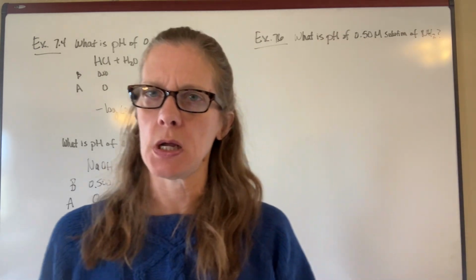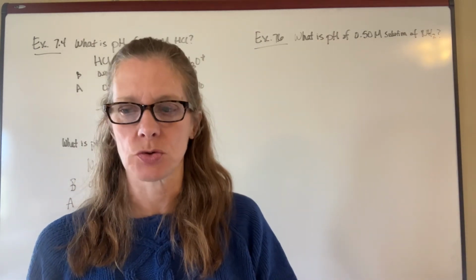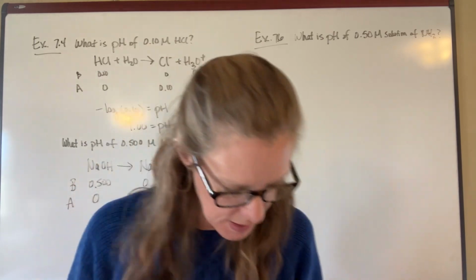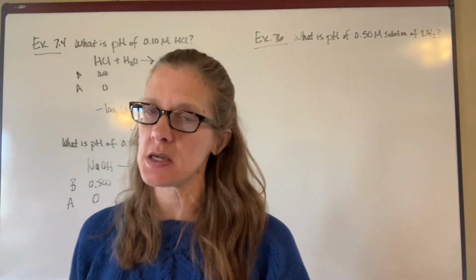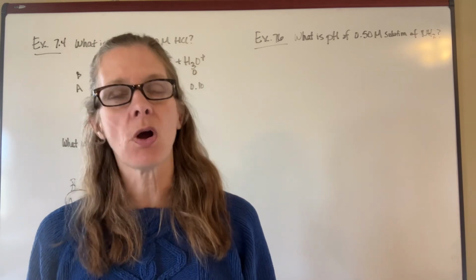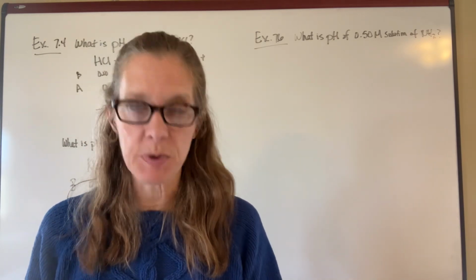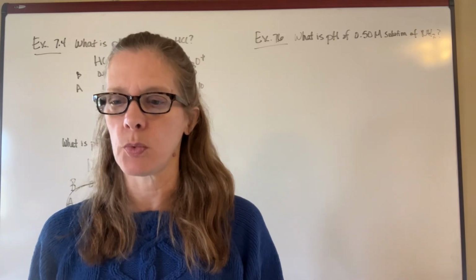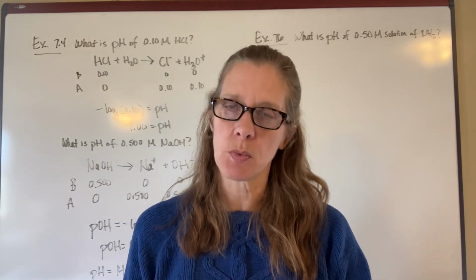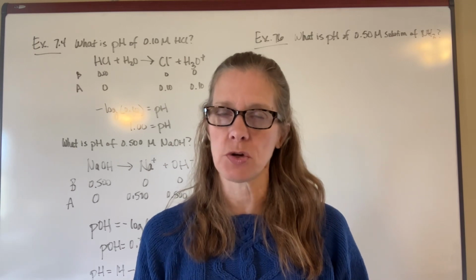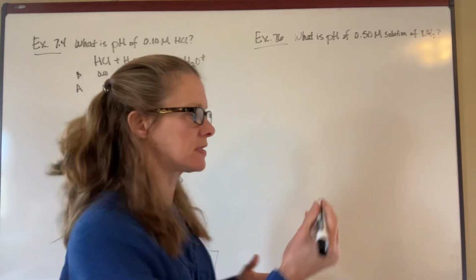So NH3, strong base, weak base, or strong acid, weak acid, which one is it? Well, he gave you the Kb, so if you didn't already know that it was a weak base, which you should have, the Kb would tip you off that it's definitely a weak base. So the first thing that we need to do is write an equation for what happens when this dissociates in water.